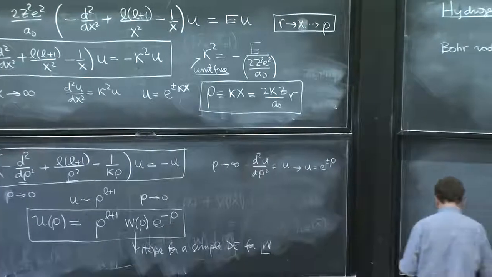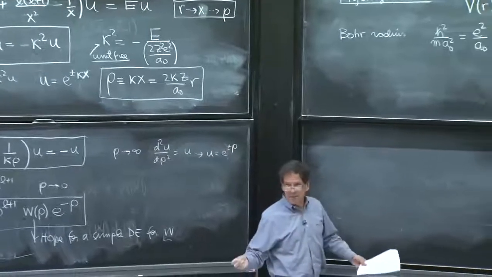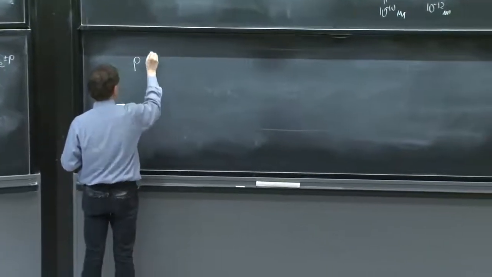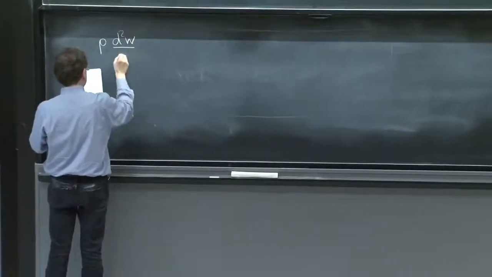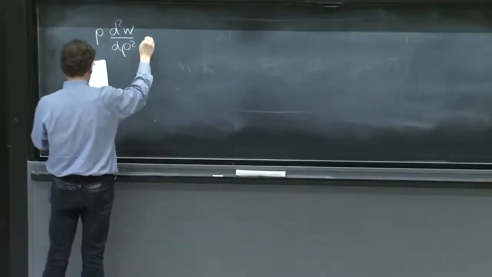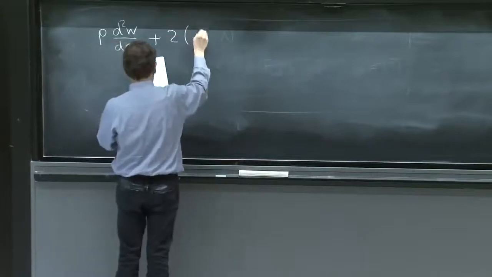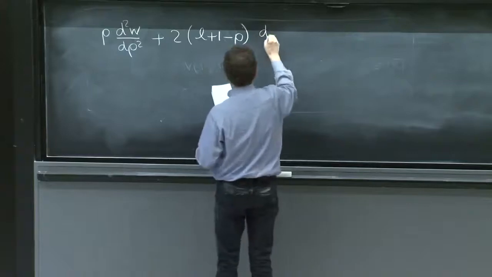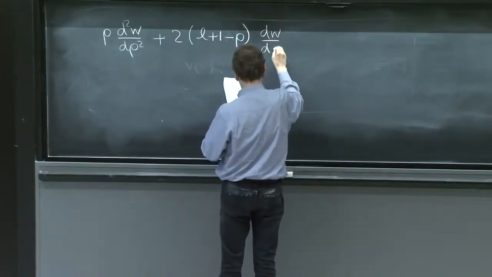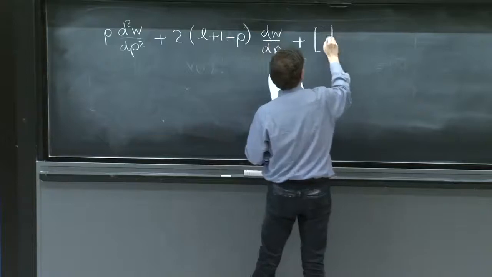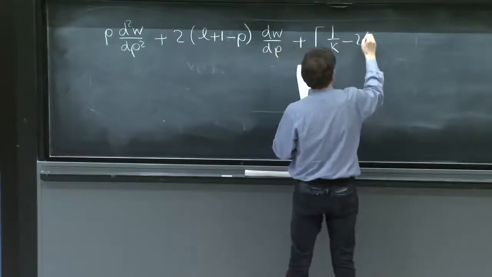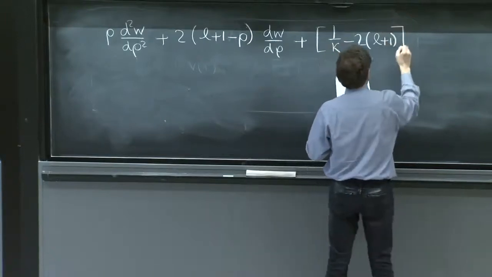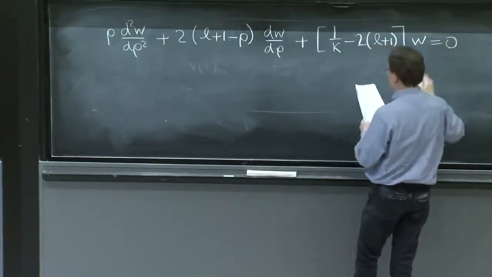You get an equation that doesn't look that simple. I'm sorry. It does look like a step back, but it's not. The second derivative of w with respect to rho squared, plus 2 times L plus 1 minus rho, times dw d rho, plus 1 over kappa minus 2 times L plus 1, times w equals 0.